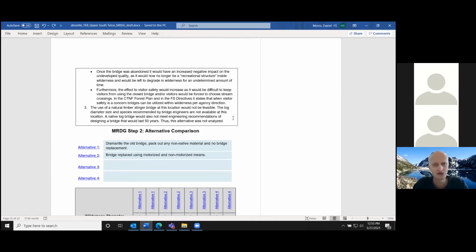Why not use some natural stringers from on-site logs? It's pretty common that the span of the bridge necessitates that we can't find appropriate materials on site.